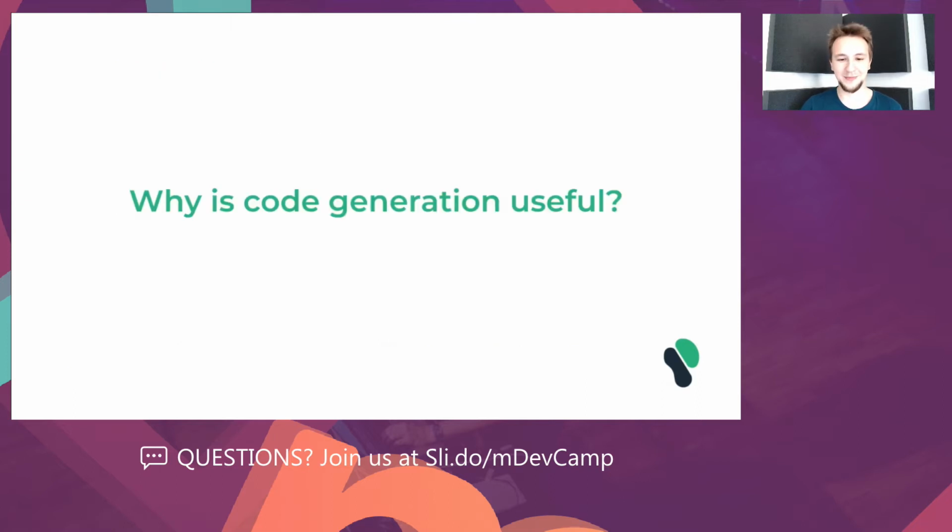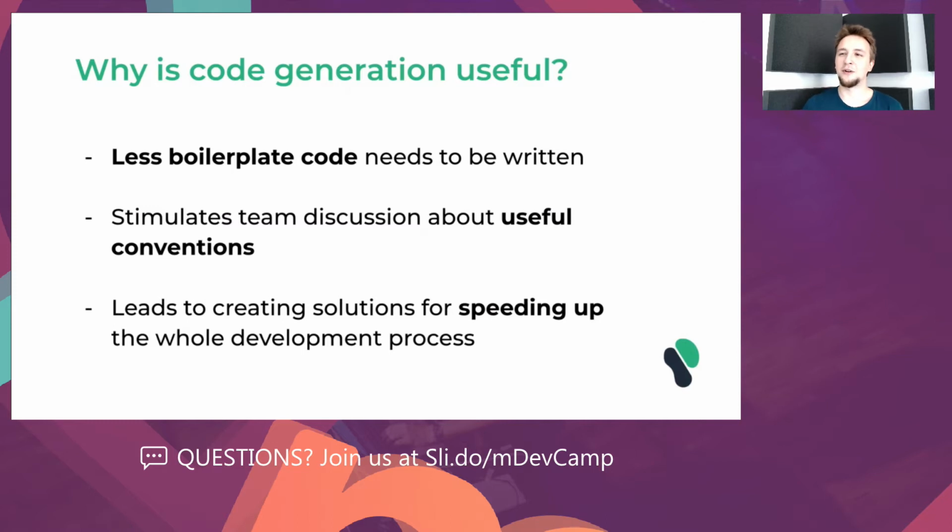All right. So why should we be interested in code generation? Well, probably the most obvious idea that may come to our minds is that the more code is generated, the less code needs to be written. A good candidate for code to be generated is so-called boilerplate code.